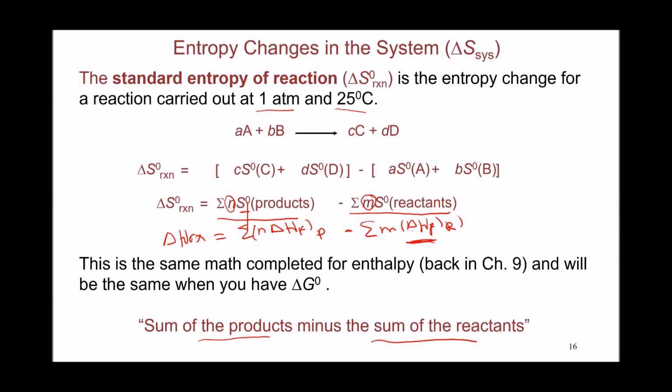So that is the change in enthalpy of formation for the substance, while in the case of entropy, it's actually the absolute value of entropy for the substance. It's not delta S for the substance. And it's a very common point of confusion between the two types of math.